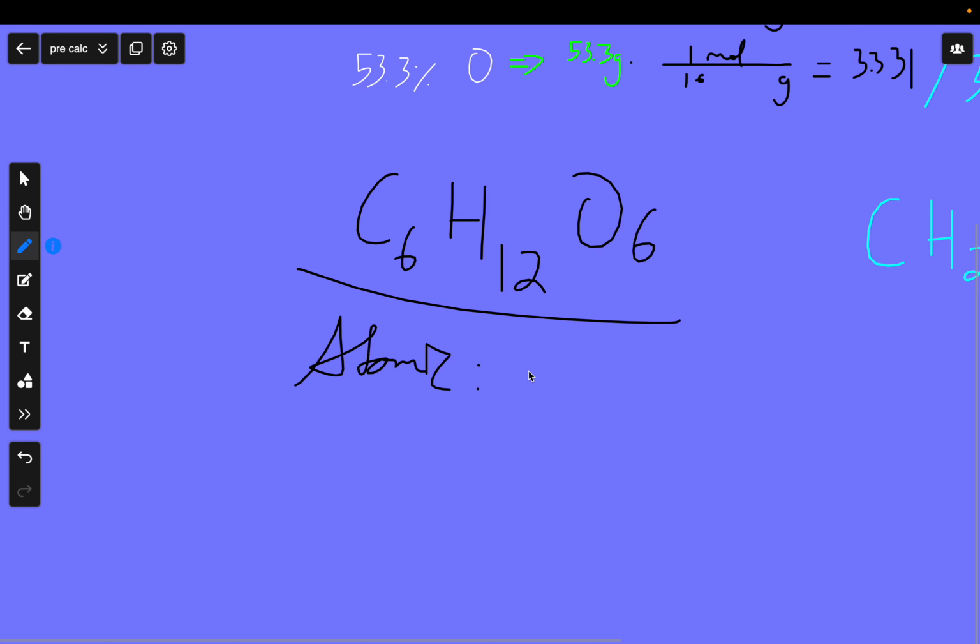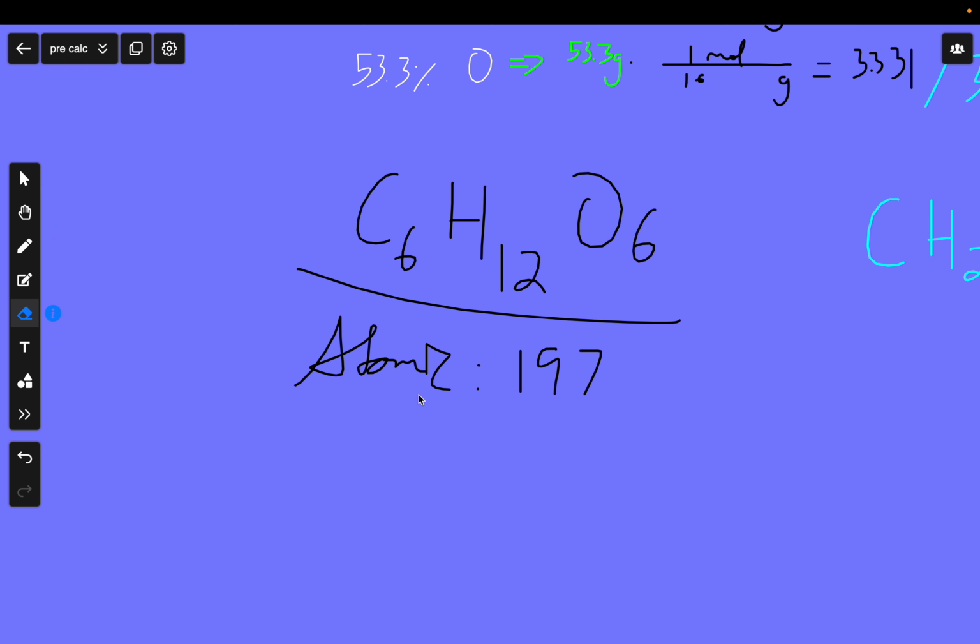What I have to do is I have to know the atomic weight of this whole thing, which is 197, I believe. Or no, I think it's just 97. Nope, it is 12 times 6. Sorry, I should have these numbers down. Plus 12 plus 16 times 6.